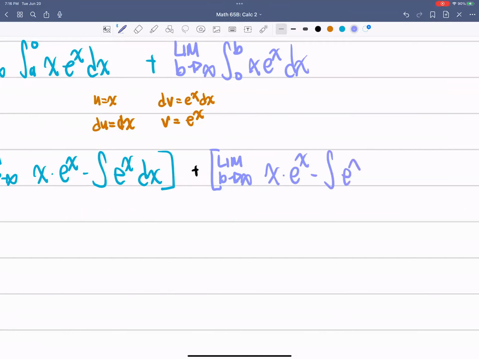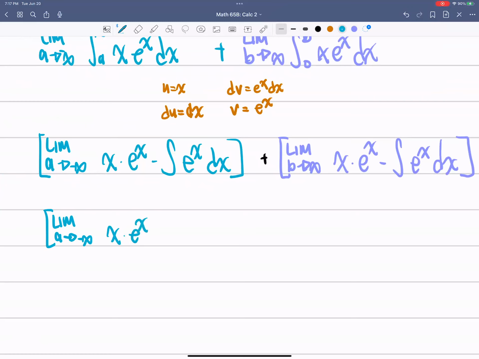So let's get this one. The limit as a approaches negative infinity of x times e to the x minus the integral of e to the x, which is negative e to the x, evaluated from a to 0.